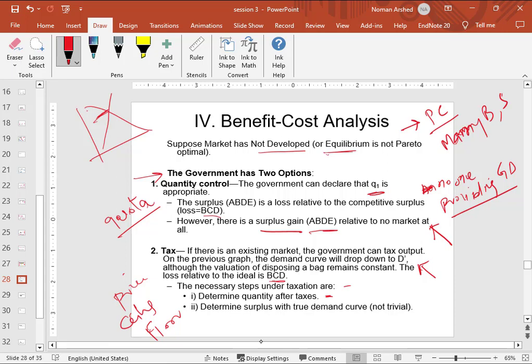Determine the surplus with the true demand curve. So we should first of all determine the true demand curve, not the trivial means guesswork or imaginary. Okay, so we should calculate the actual demand, how much garbage disposal should be done.